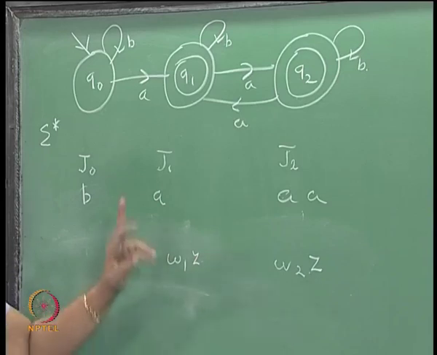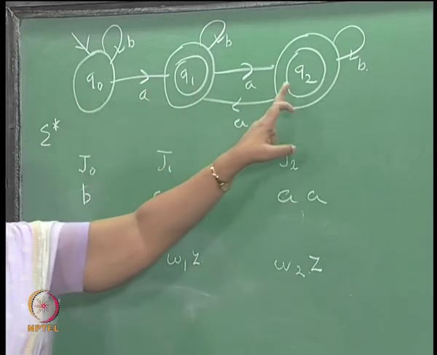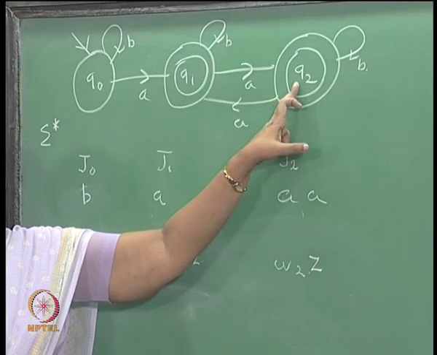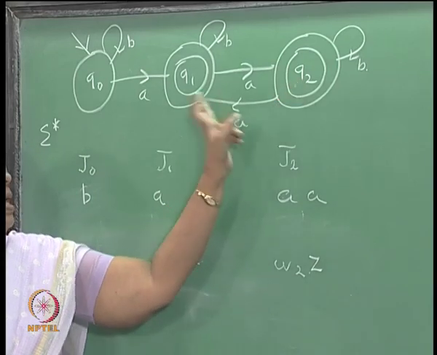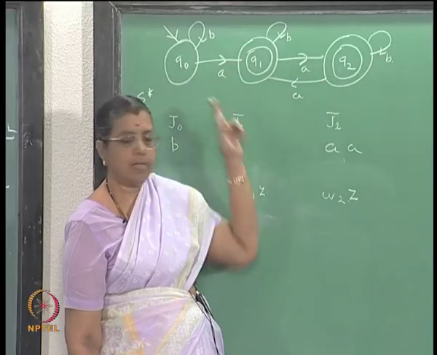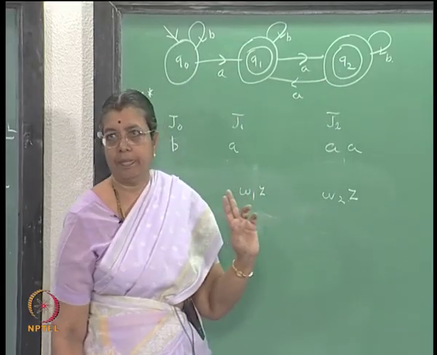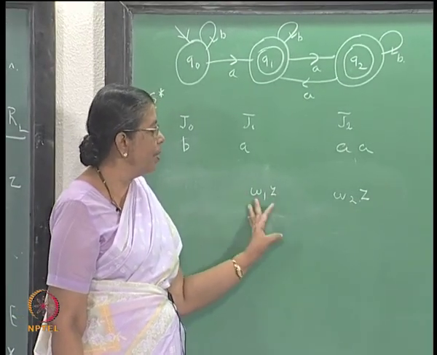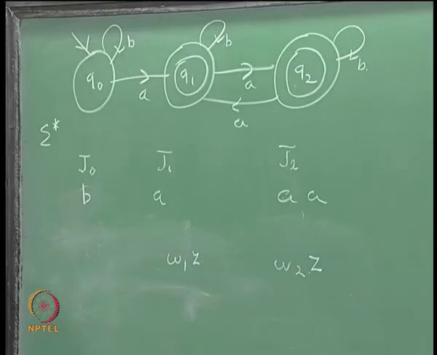Similarly, W2, starting from Q0, after reading W2 you go here, then read Z, you will be either in Q1 or Q2, you are not going back to Q0. So, that will also be accepted. So, whatever may be Z, in this case W1 Z and W2 Z both will be accepted. Okay.